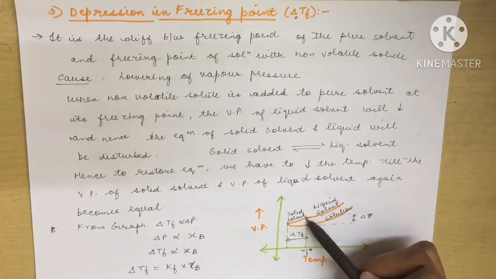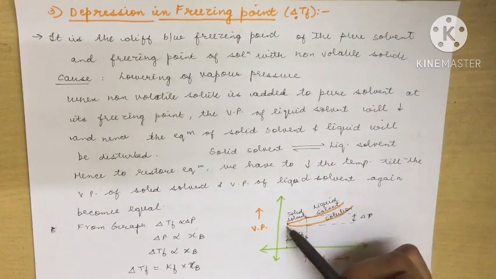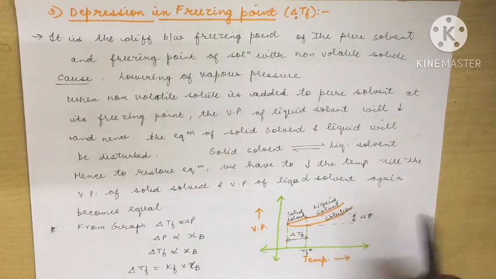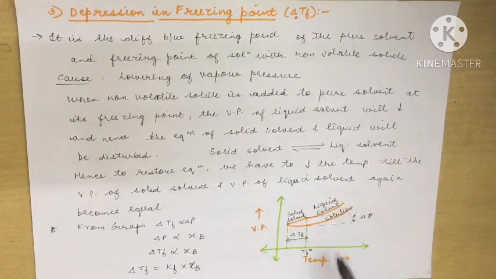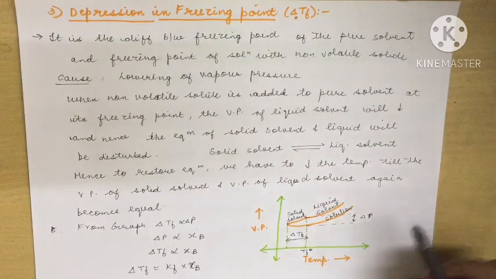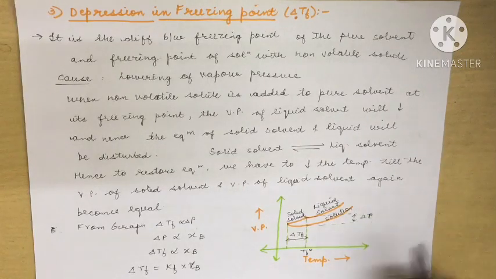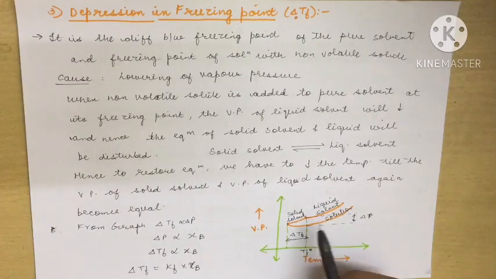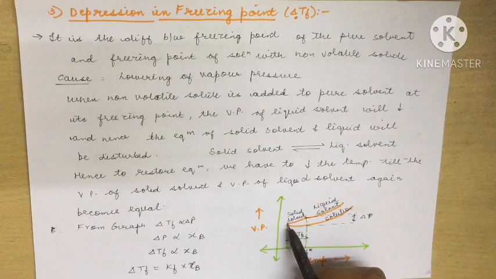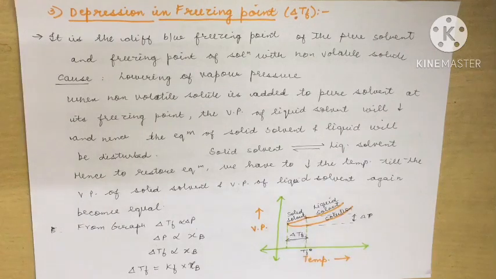So we have equilibrium at this point. But now because of the solution there is a certain change, and this change is the lowering in the vapor pressure. Earlier this was the freezing point where the equilibrium was maintained, but in the solution this point has shifted here. So the difference between this and this point will be the delta TF, that is the depression in freezing point.